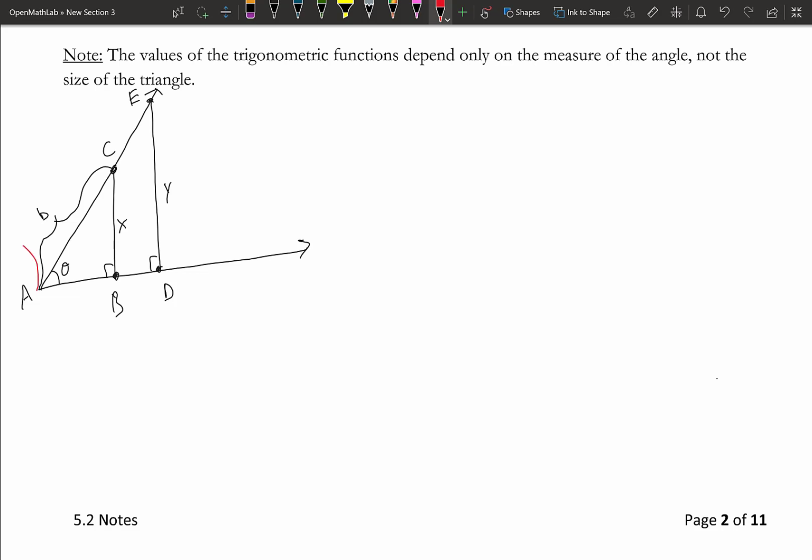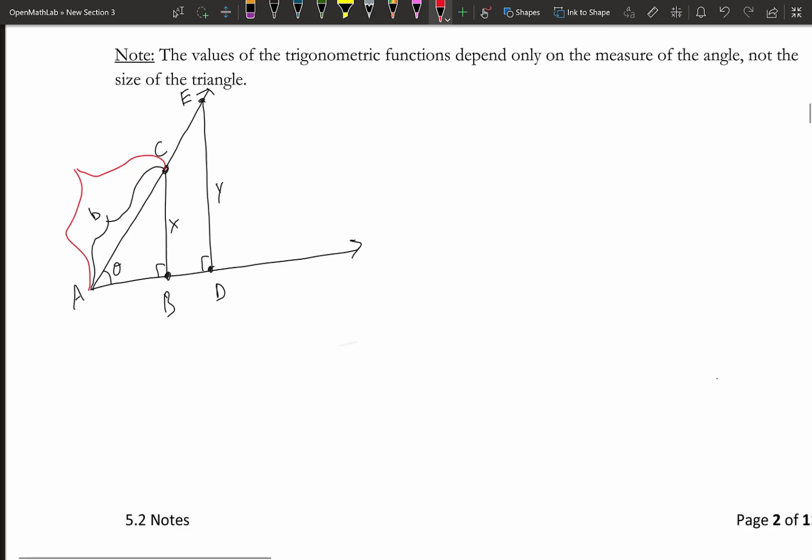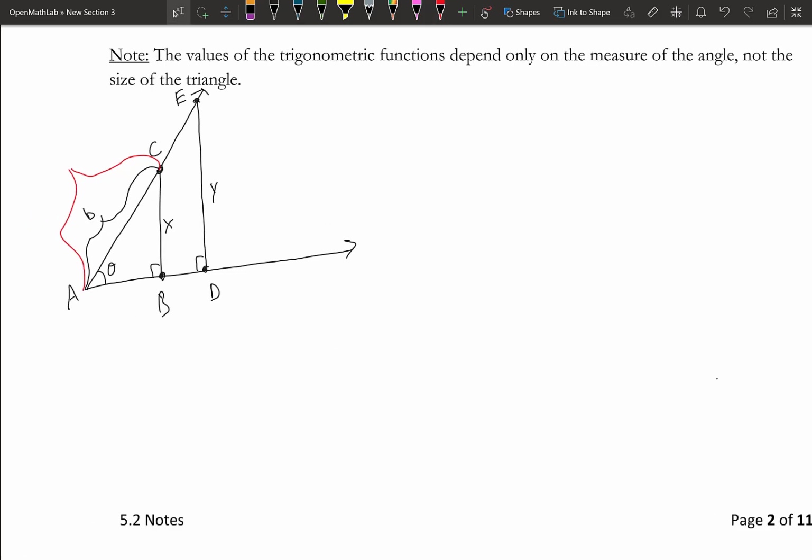And then the measure of the side length AE, sorry, I didn't go far enough. This guy, this whole side here, I'll label that little d, right?